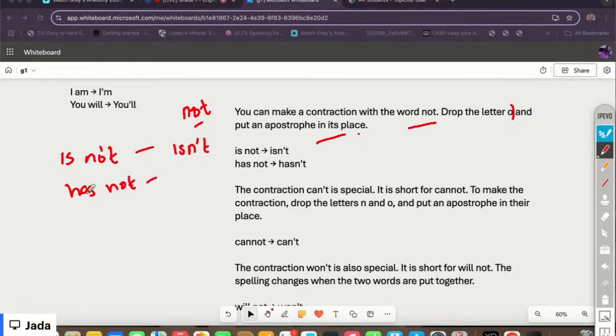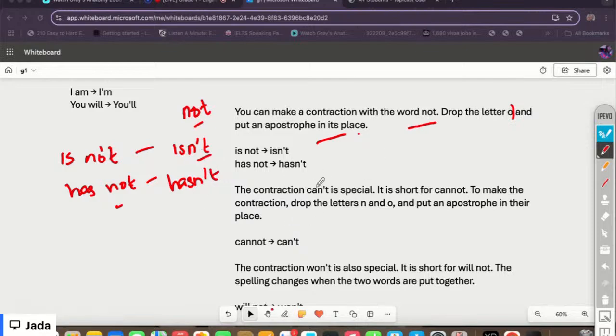And for has not, the O will be removed, so it becomes hasn't, like this. So when it comes to not, you have to make sure that you remove the O and replace it with the apostrophe.